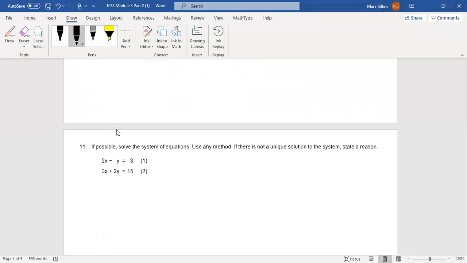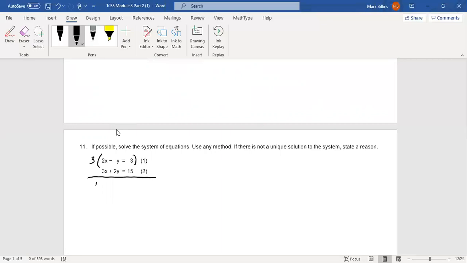I'm going to again make the x's opposite. So I look at 2 and 3, and the common multiple, not factor, multiple of 2 and 3 is 6. So I need to multiply the first equation in order to make the coefficient in front of x 6. So I'm going to multiply that equation by 3.